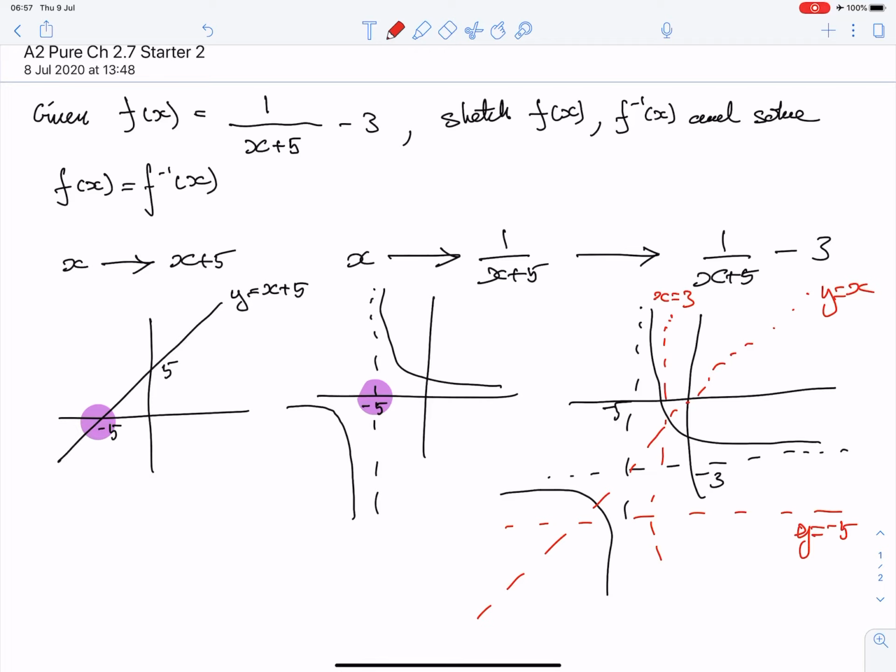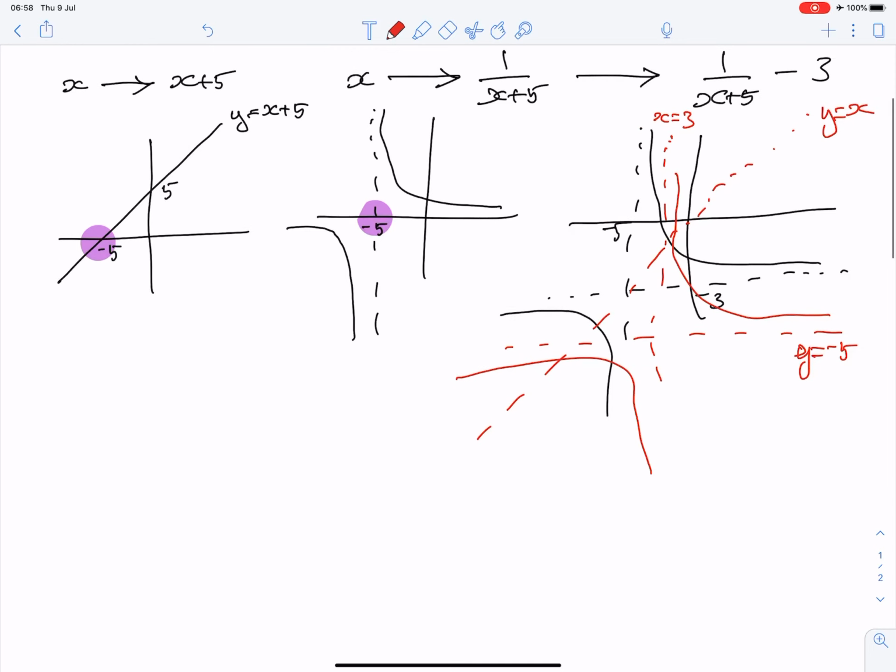So now the graph is going to have this kind of shape, and here it's going to have that shape. Okay, and if I'd drawn it carefully, the points where they cross, because it's been reflected in the line y equals x, must be on that line.